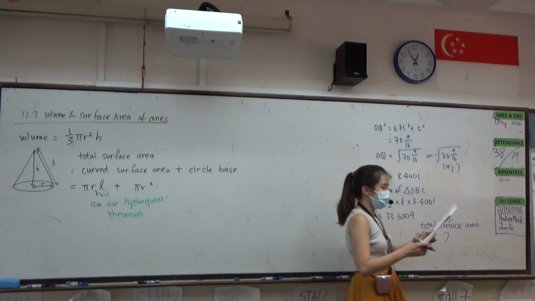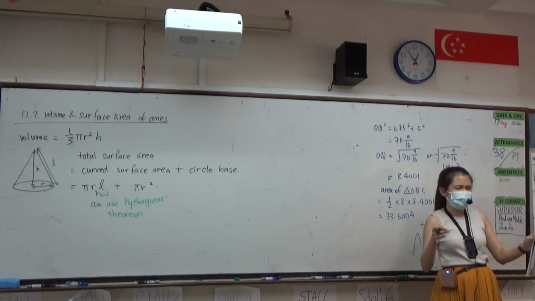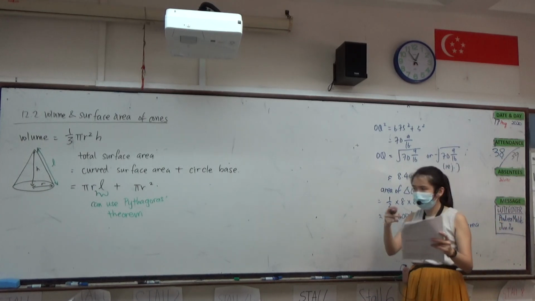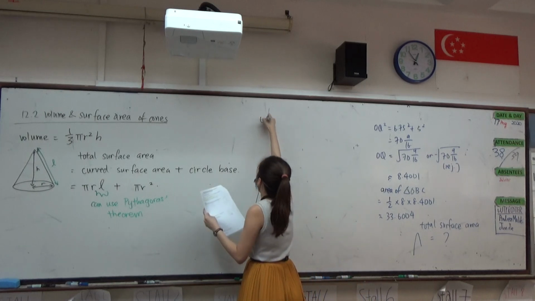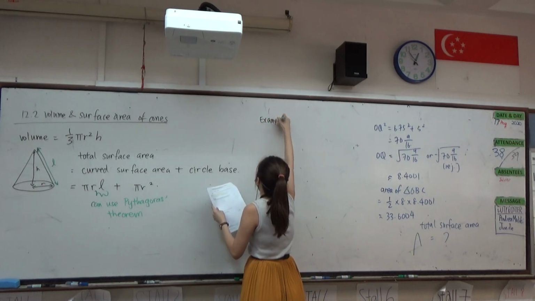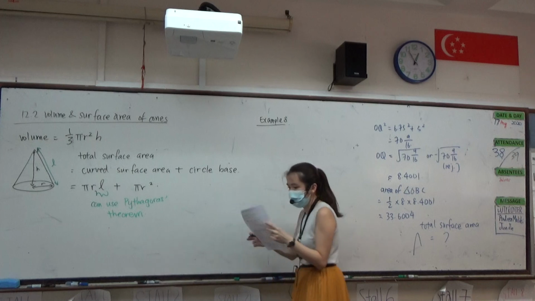Okay, let's look at example 8 and 9. Although technically should be 9 and 10 because last lesson I added one more question, right? But never mind, let's follow what I printed for you.